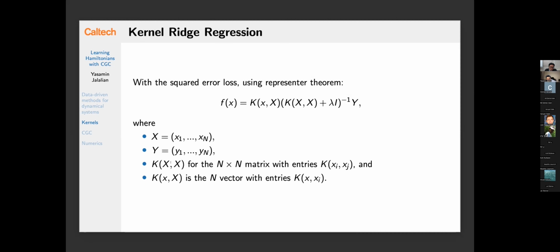So these are the data. And this little x, by the way, can be any x. The K of capital X and capital X is just the n by n matrix with entries K of xi and xj, and finally the K of little x and capital X is the n vector with entries K of x and xi.